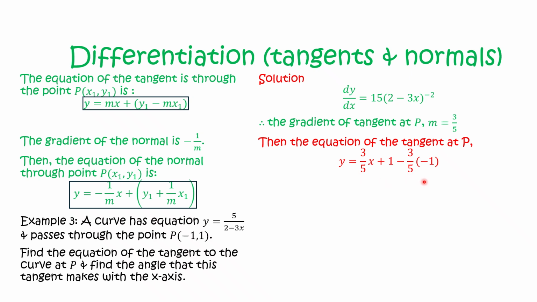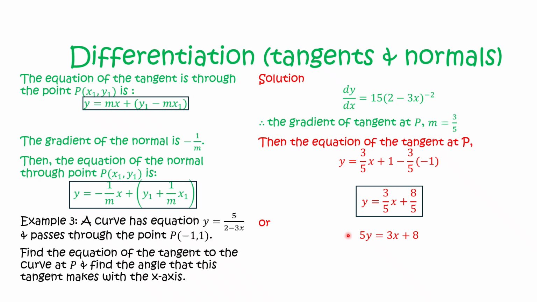Since we know what our x1 and y1 are, the equation of the tangent at P is y = 3/5 x + 8/5. And of course, we can clear the fractions by multiplying by the denominator, which is 5, throughout, so that we get 5y = 3x + 8.